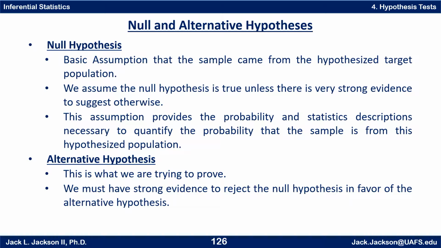We're going to assume they're telling the truth unless we've got the evidence to show otherwise. This assumption provides the probability and statistics descriptions necessary to quantify the probability that the sample is from this hypothesized population. The alternative hypothesis is what we're trying to prove. We must have strong evidence to reject the null hypothesis in favor of the alternative hypothesis if we're going to do that.